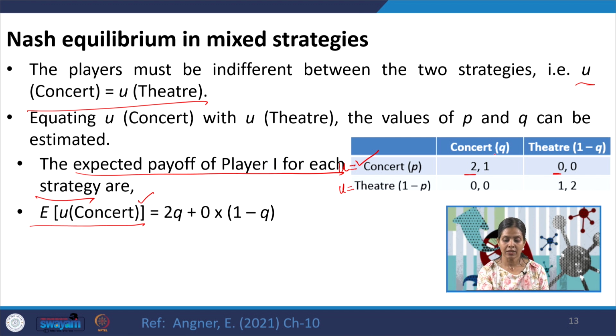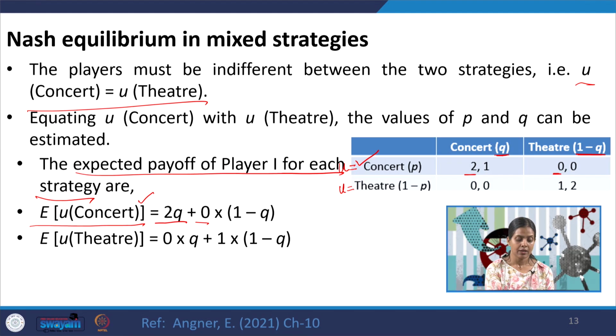The probability is Q and the probability is 1 minus Q. So, she gets 2 utils with the probability of Q and 0 utils with the probability of 1 minus Q. Similarly, the expected payoff from theatre is 0 with the probability of Q and 1 with the probability of 1 minus Q.